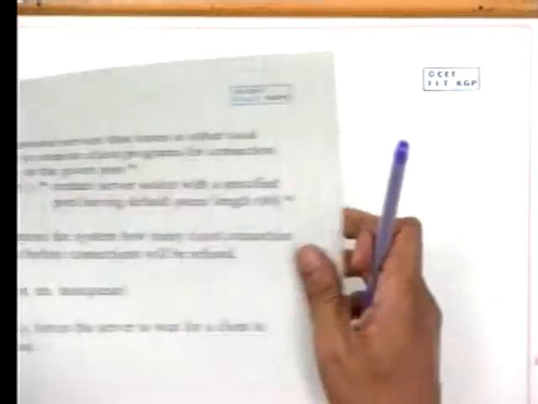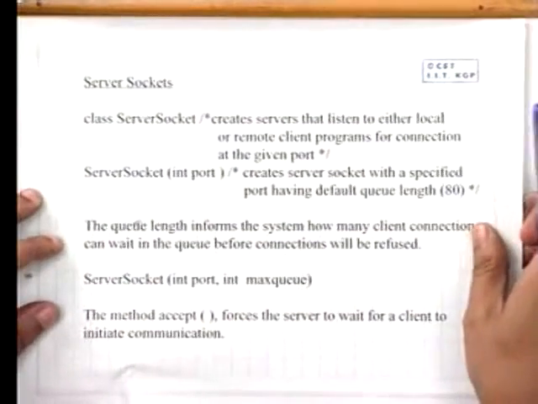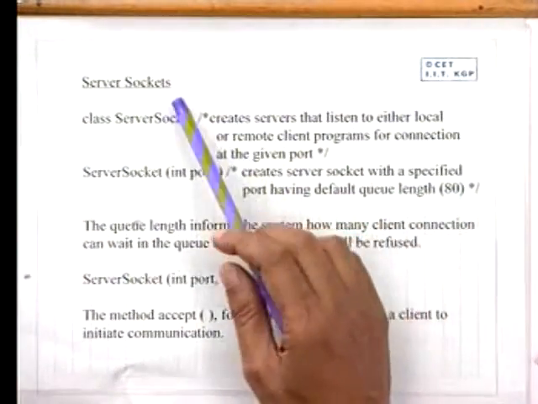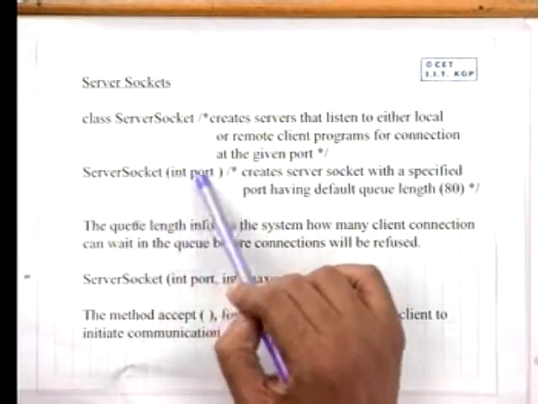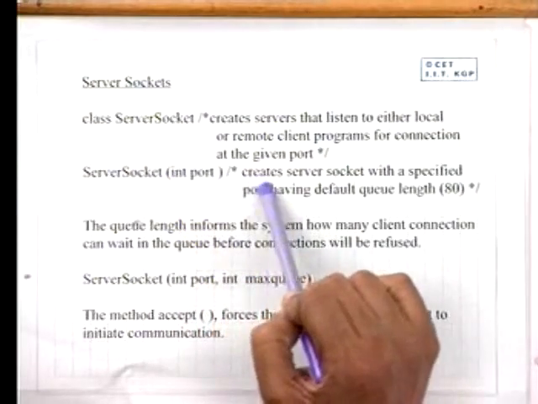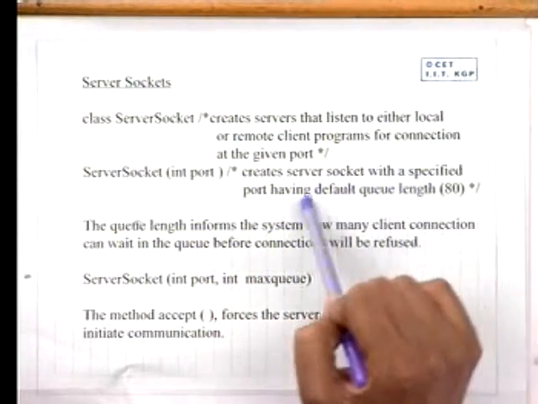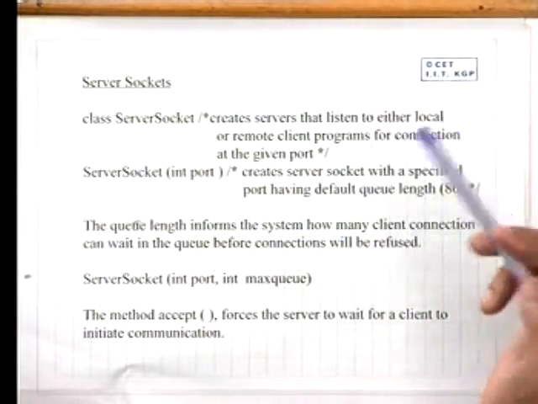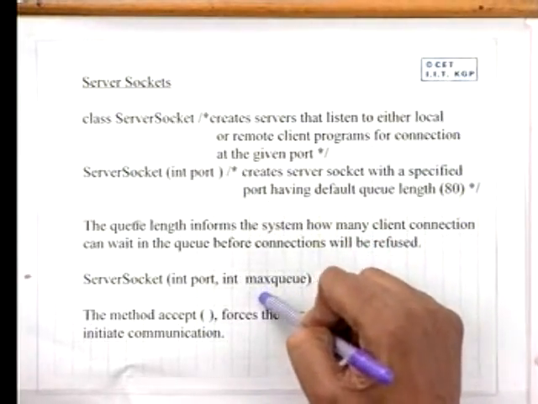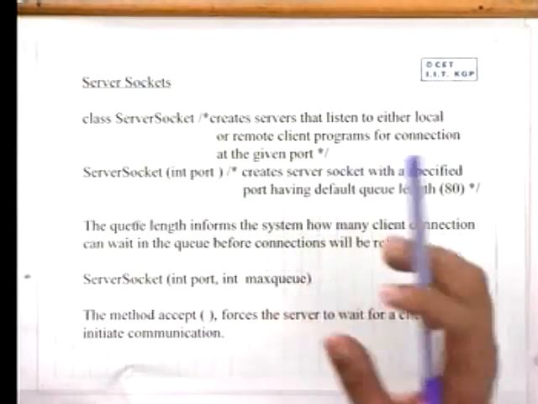Aside from the client constructor, the Java socket classes also support, for servers, another type of constructor which we call ServerSocket, which creates a server socket with the specified port and a default queue length of 50, or we can specify the maximum queue length. The idea is that when the server is listening on the socket, more than one client may try to communicate with the same server through the same socket.